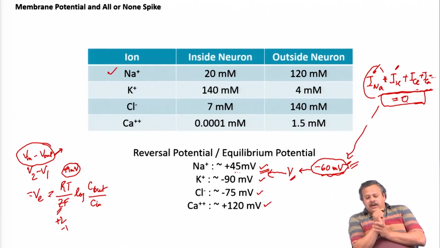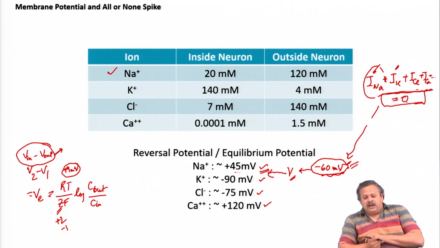At rest it is minus 60 millivolts, and that happens because the net current is 0 at that point, and that current is determined by the amount of conductance available for the different ions at play at that particular potential.